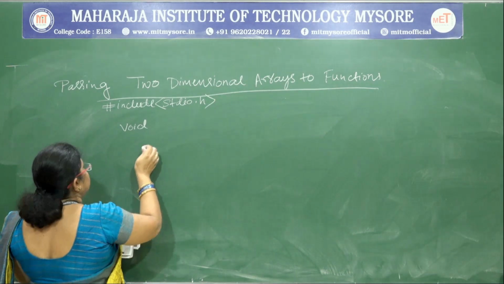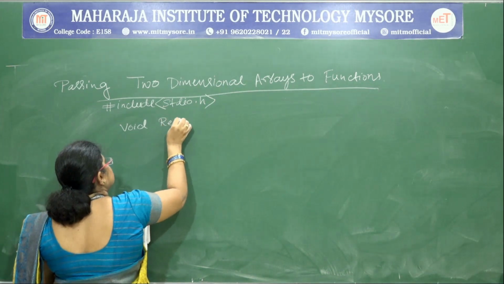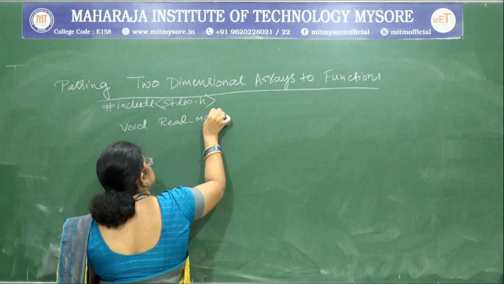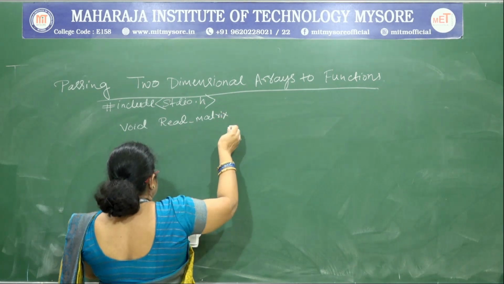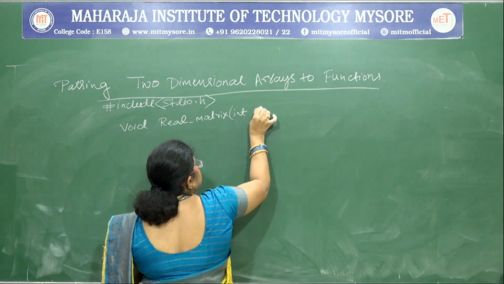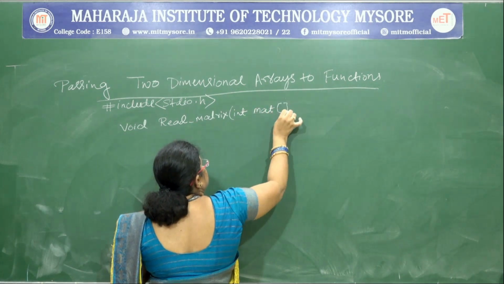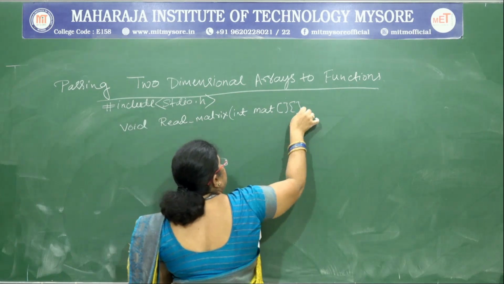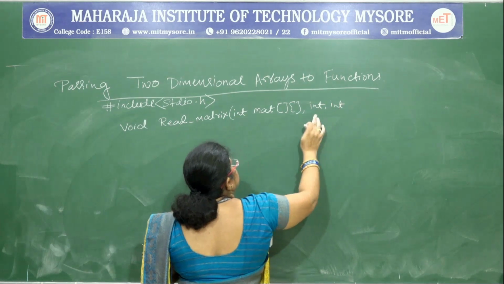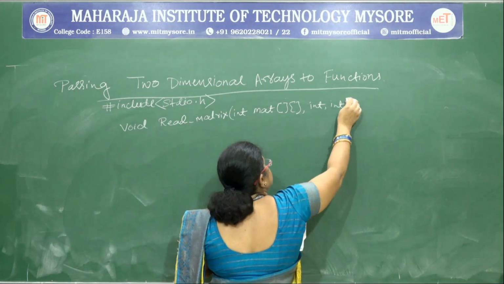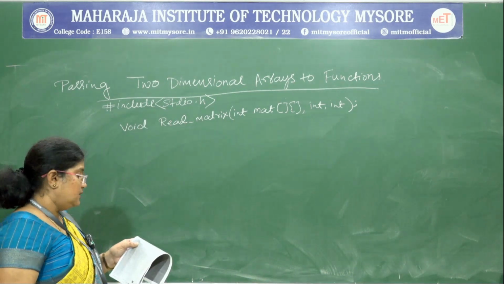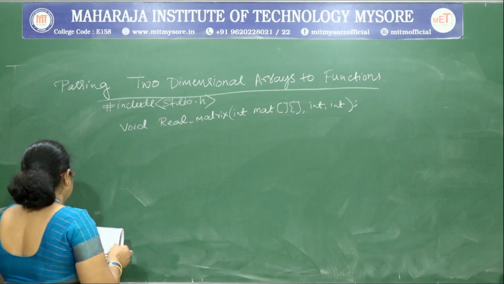The first function is void read_matrix, with int mat, the size of the rows and columns, comma, int. This is how we declare the function before starting the main program.